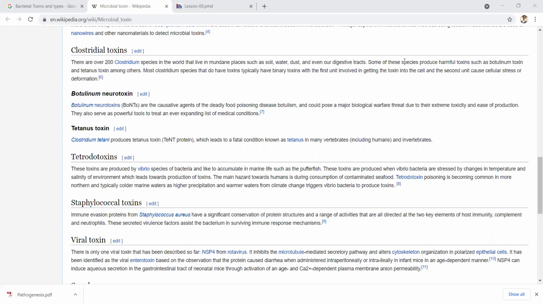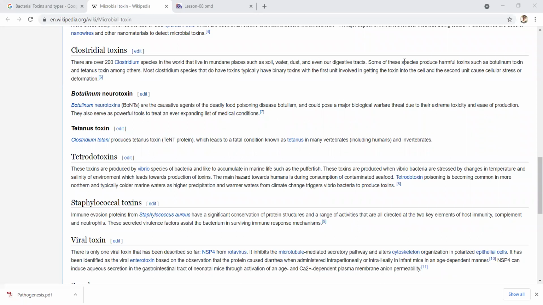So there is a fear that this particular toxin may be used as a biological weapon. I hope you know what a weapon is. A weapon is something which is used during a fight or war, right? In general, when a weapon is used in a fight or a war, those kinds of weapons are guns and tanks and all those.